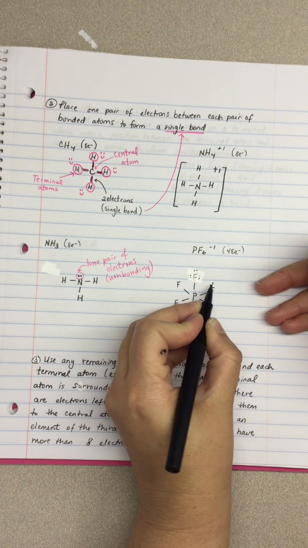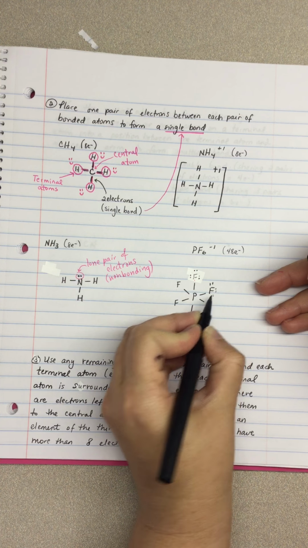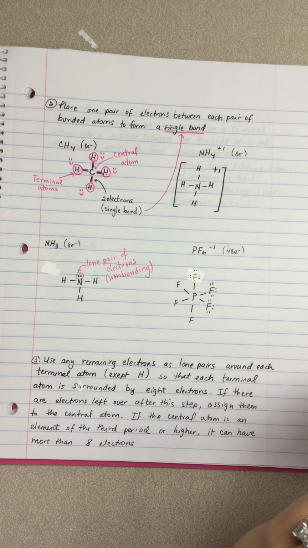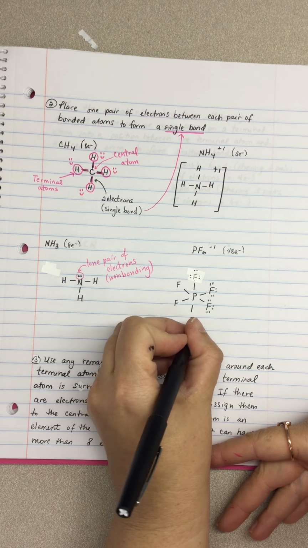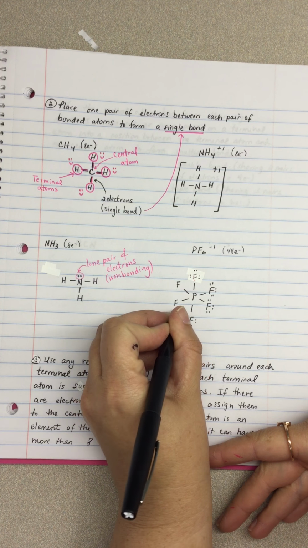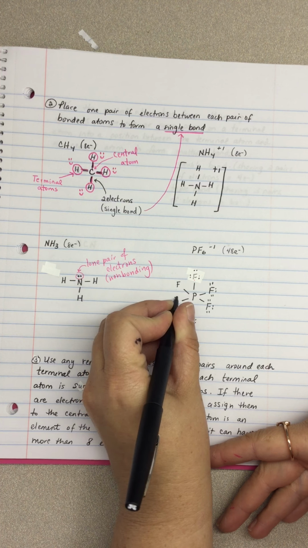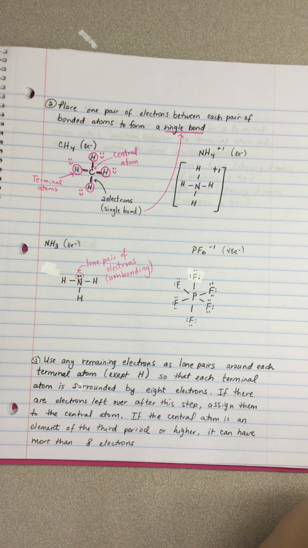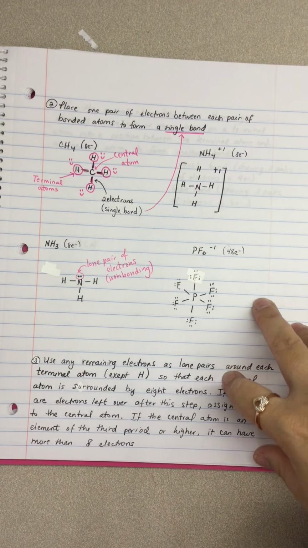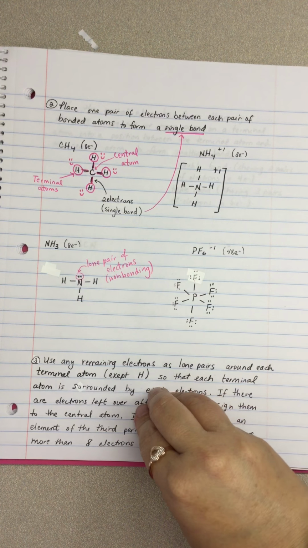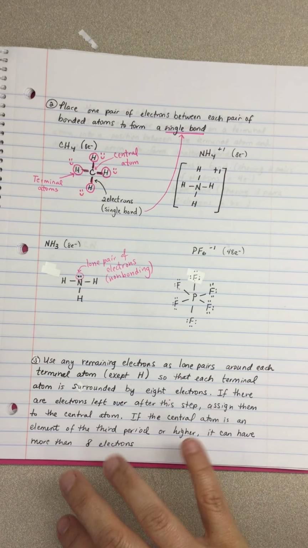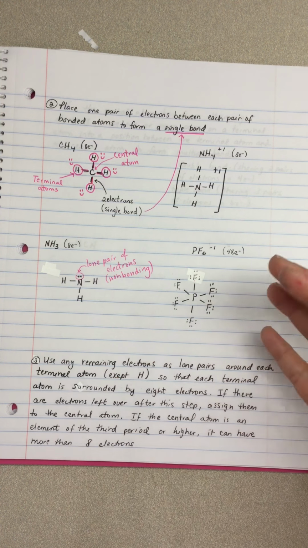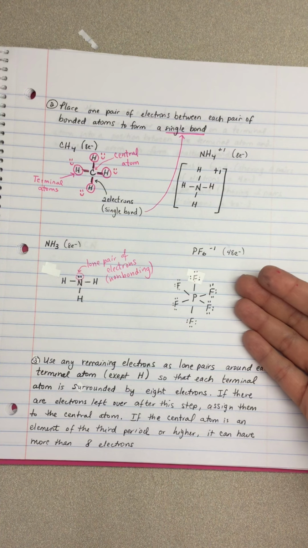And for each F, you have exactly the same. Each one is missing 6 electrons to go from 2 all the way to 8. So in this case, you have your central atom P surrounded by 6 F's that you completed the octet using lone pairs of electrons.